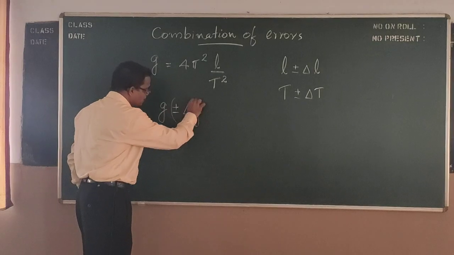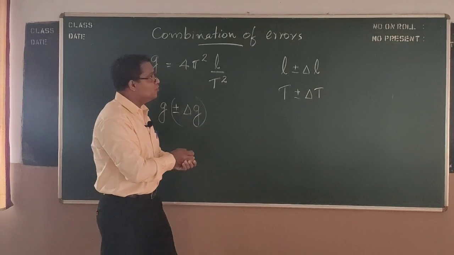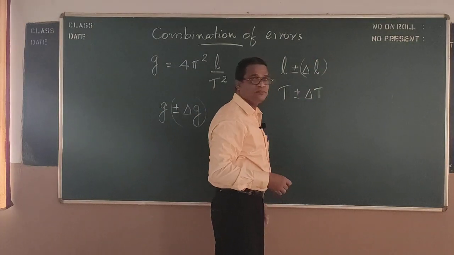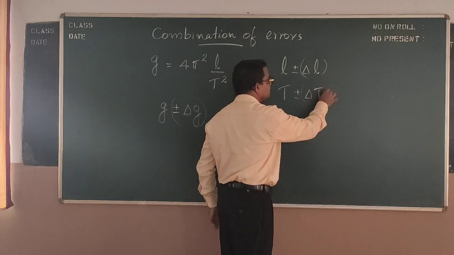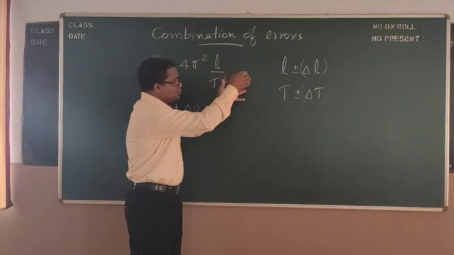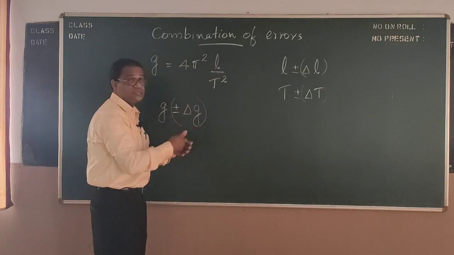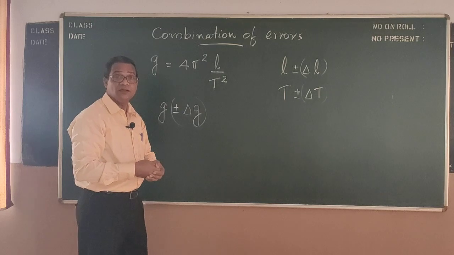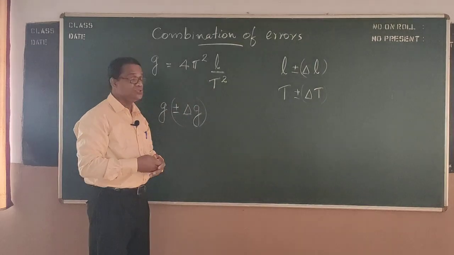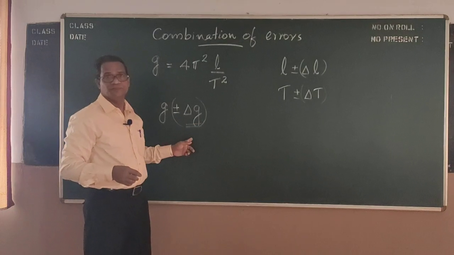So this plus or minus delta g, that is the error in the final measurement, will be depending on the error in the measurement of length and also error in the measurement of time period. So when you take those two errors and substitute in this equation, that is how those two errors are getting propagated through your calculations to appear in the final result.